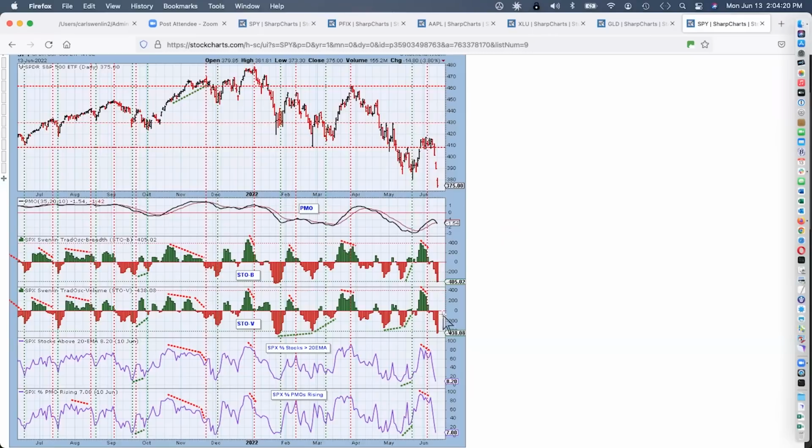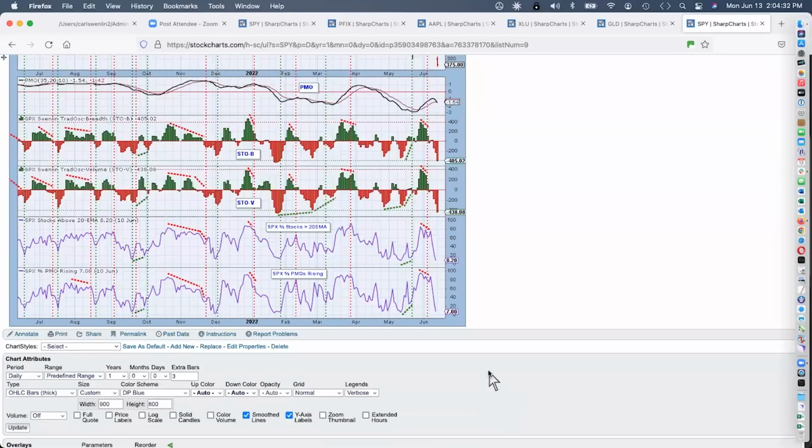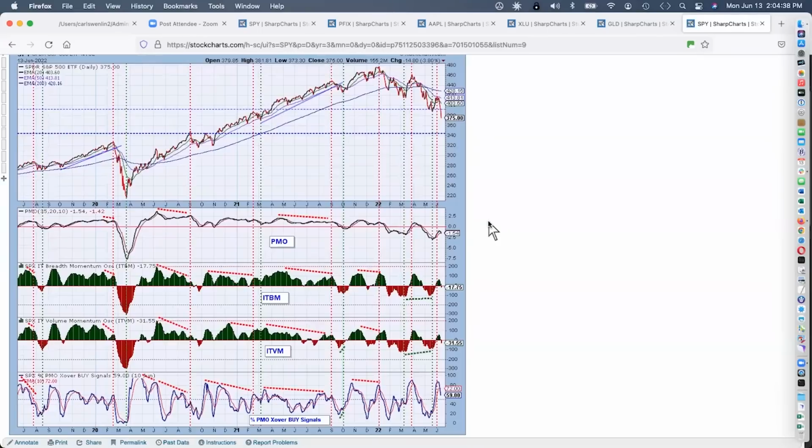We're getting oversold on the short-term indicators, very oversold. So again, we could possibly look for a bounce in the short term. Intermediate-term indicators are not even starting to be oversold. And you notice we got a lower top on this most recent price top.